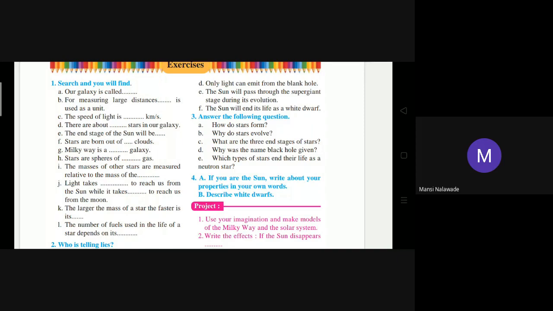The speed of light is 3 lakh kilometer per second. There are about 10 stars in our galaxy. The end stage of the sun will be white dwarf.